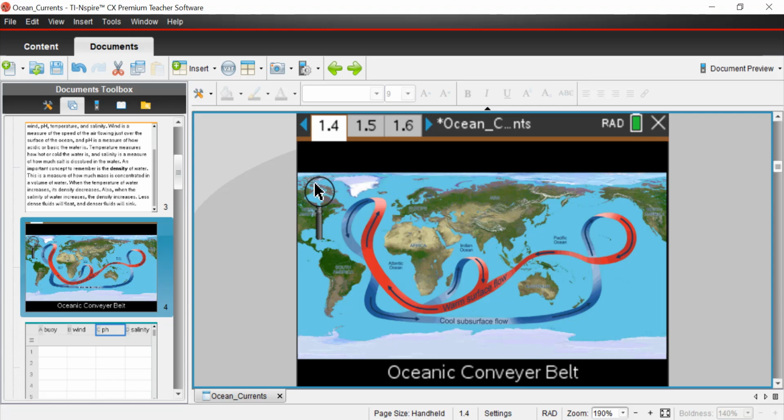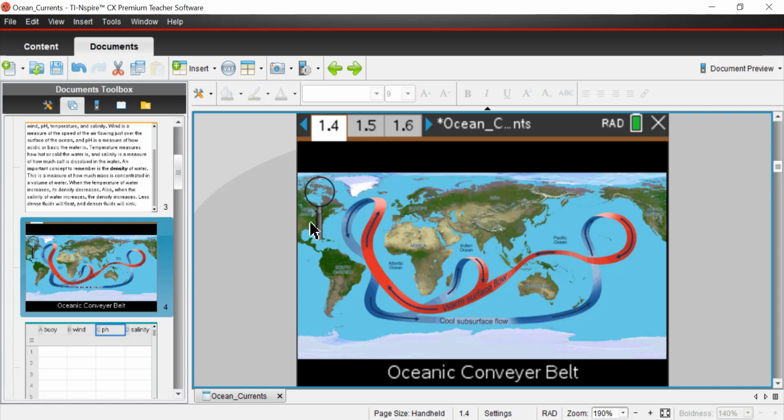I think this is a really pretty image of just the map of the world. And this red and blue ribbon that you see here is the representation of the oceanic conveyor belt. Red represents warm surface water, and blue represents subsurface cool or cold water that's also flowing through the deep parts of the ocean.